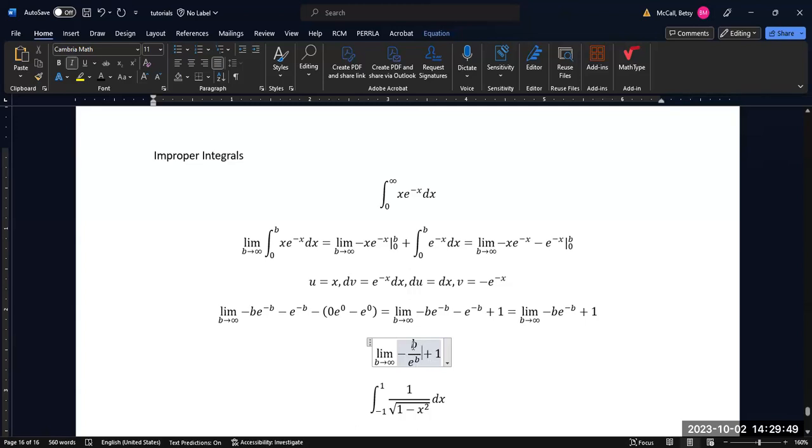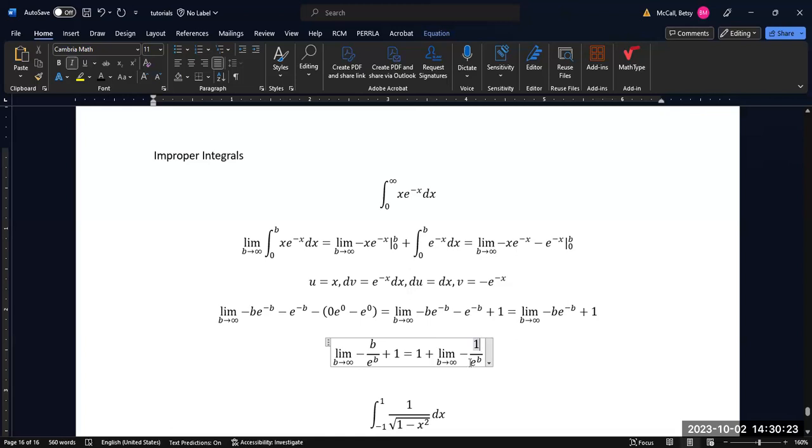We want to know if this is going to converge or diverge. So if we apply L'Hopital's rule to this expression, the 1 is not really going to do anything for us, so I'm going to put the 1 plus out front so we can happily ignore it. And then applying derivatives, the derivative of b with respect to b would be 1, and the derivative of e to the b with respect to b would be also e to the b.